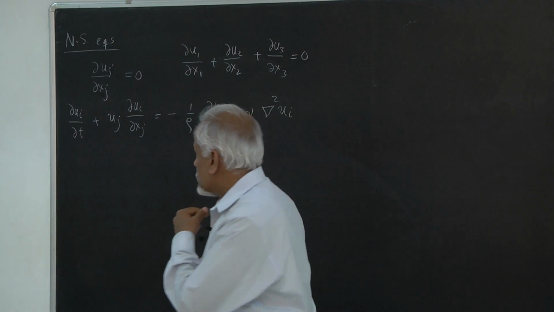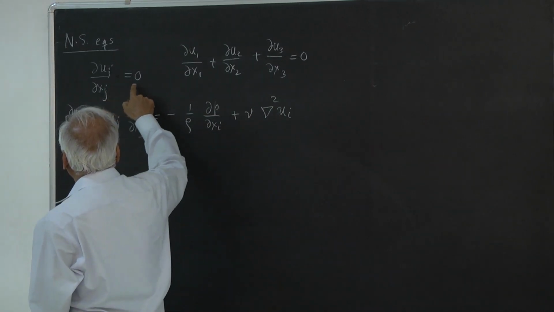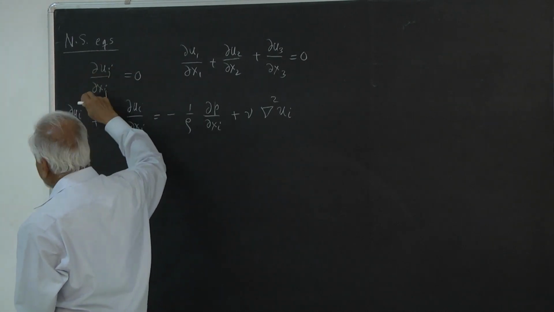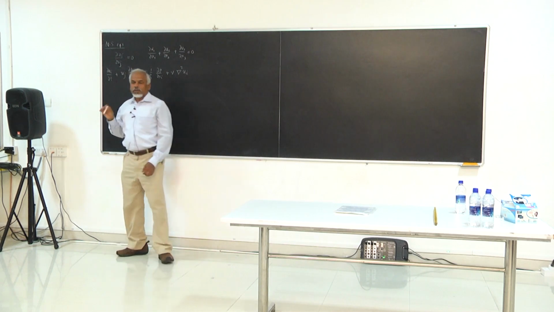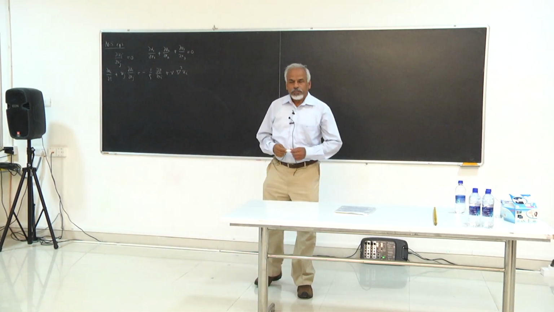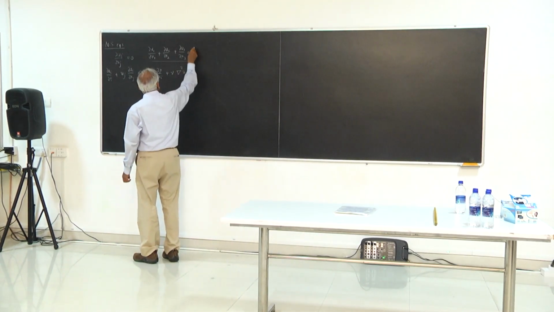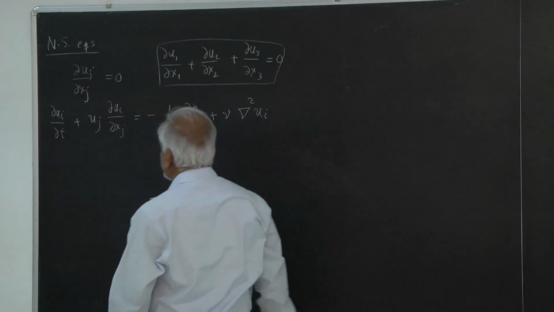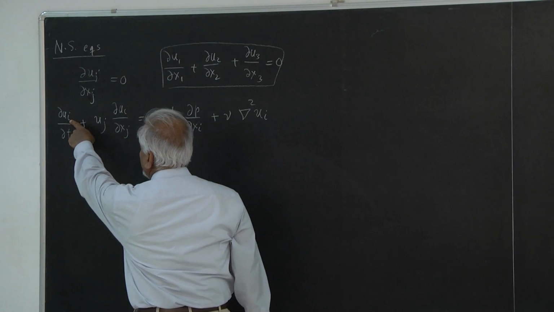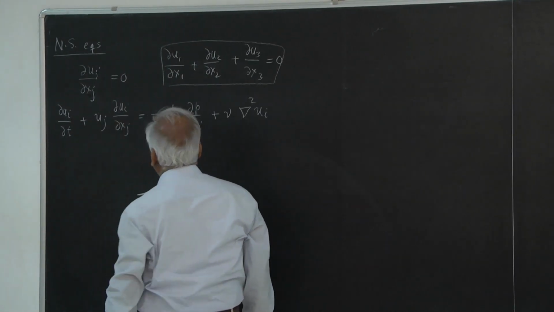Okay, so this is a way of writing that there is mass conservation that is obeyed by the fluid motion. And similarly, this one here is the momentum conservation for the ith component of the velocity of the flow.